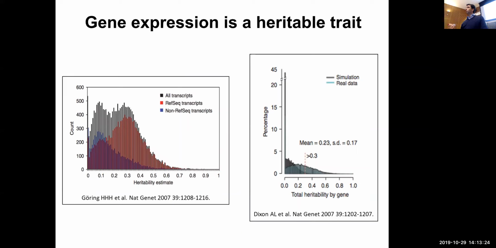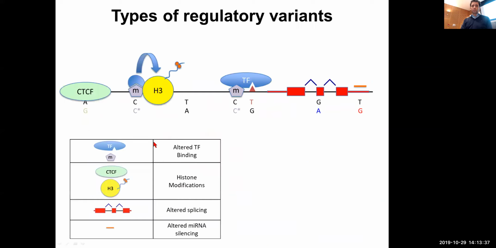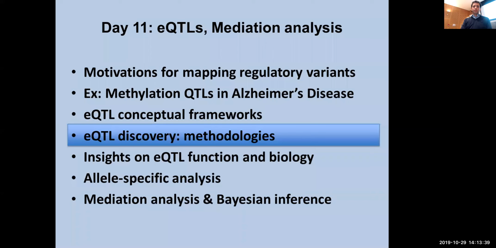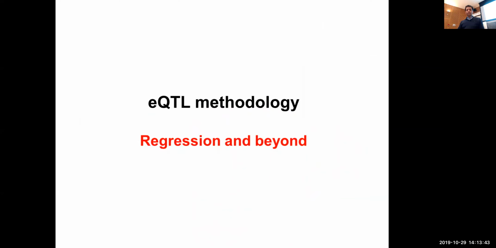So gene expression itself is a quantitative trait. So you can basically ask how heritable is that quantitative trait? And you can basically see that there's quite a lot of heritability for gene expression levels. So what are the methods that we use for eQTL discovery?